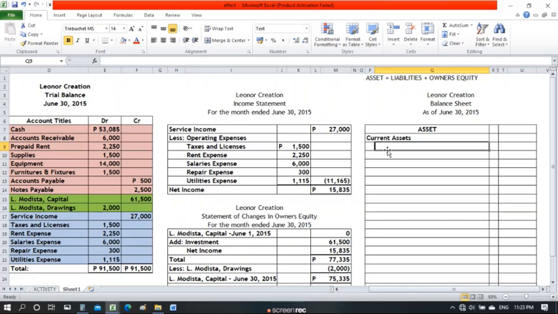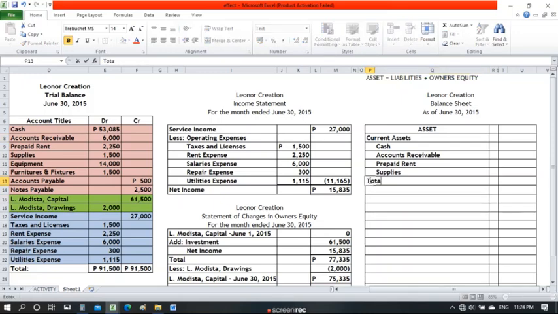So let's write the current assets. So we have cash, accounts receivable, the prepaid rent, and supplies. Okay. As you can see, in writing the account titles, these should be indented from your categories.